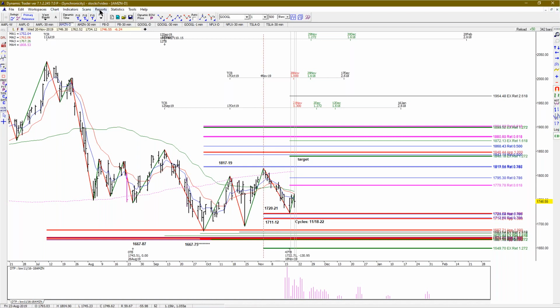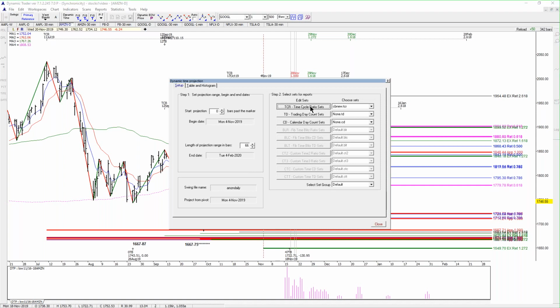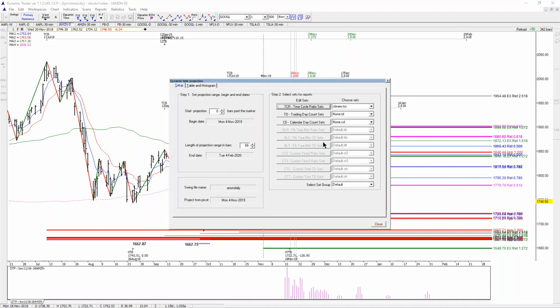I go to reports, dynamic time projection, and make a new report. This is what's in there: all the ratios that I like, and I weight them a certain way. I'll weight 1618 higher and 100% higher, and for an alternate time projection, I rate the 100% projection even higher than that. All of those come together, and let's close this.